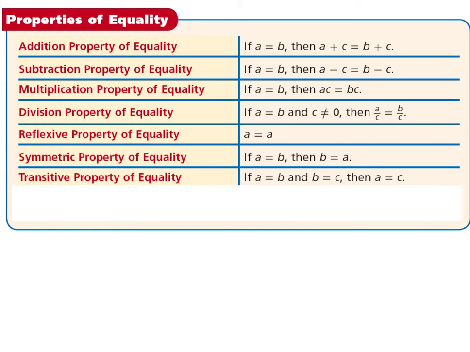Well, if you want to add the same amount on each side or subtract, like right here what I did, this technically is supported by the reflexive property. So I would use the reflexive property to get the same amount on each side and then subtraction to support it. So you're actually using that.